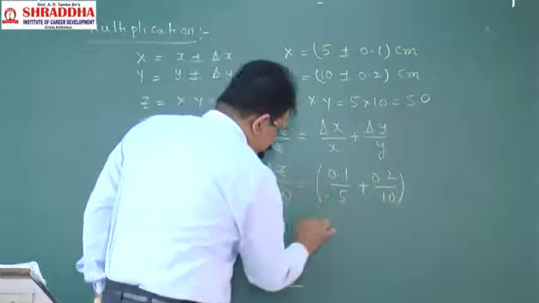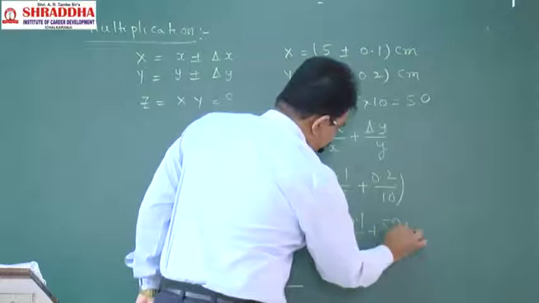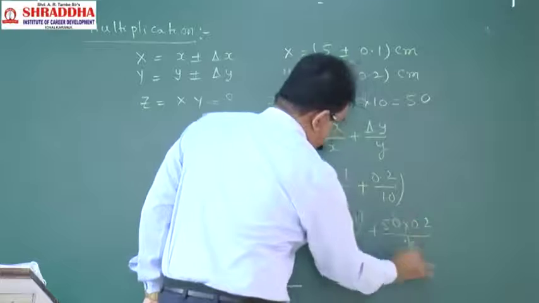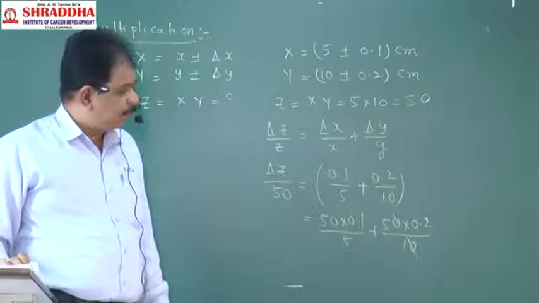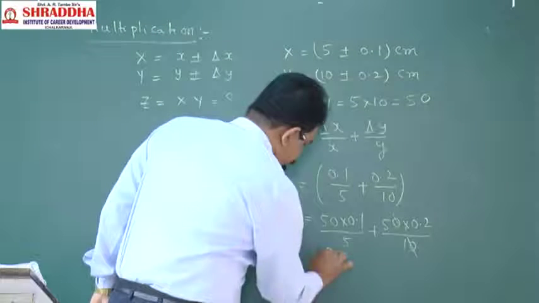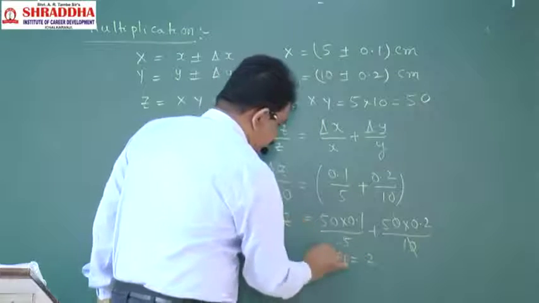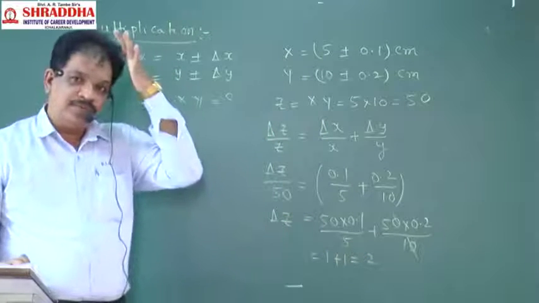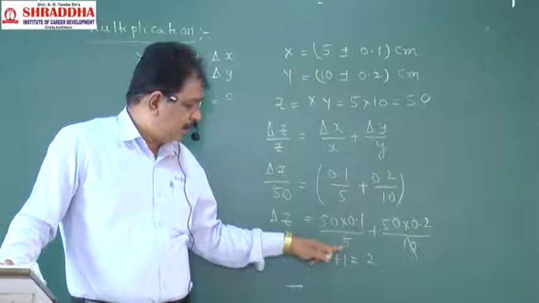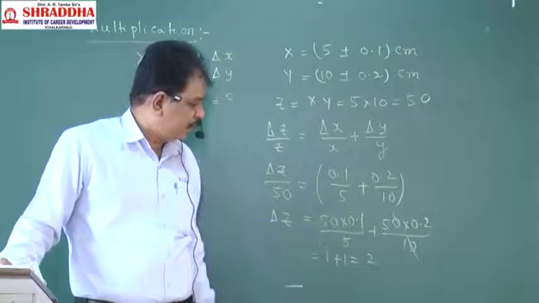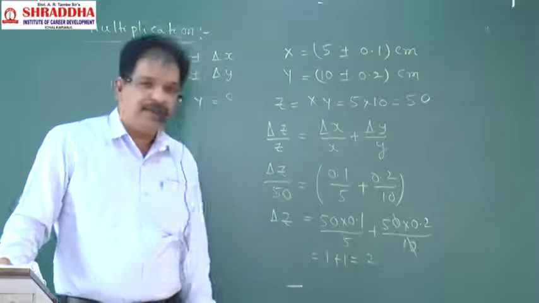So 50 into 0.1 by 5, and 50 into 0.2 by 10. 5 tens will cancel, 10 into 0.1 means 1. 50 into 0.2 by 10 means finally this is 2. Clear understanding?